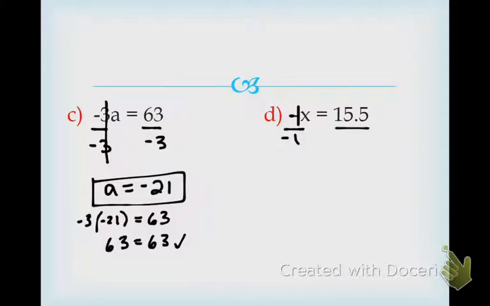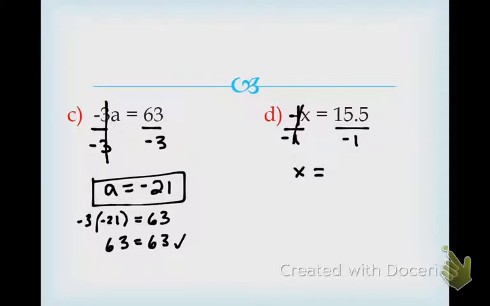What you do to the left side, you have to do to the right side. What is negative 1 divided by negative 1? Just plain old 1, okay? So I can cancel that out because I'm multiplying by 1, so I'm going to get myself, which is an x. And the last thing, 15.5 divided by negative 1.